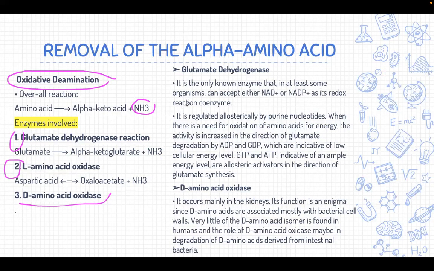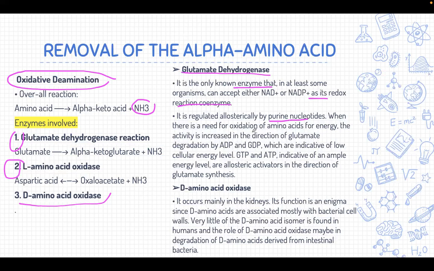Pero hanggang yung dalawa lang. So the glutamate dehydrogenase, it is the only known enzyme in at least some organisms. It can accept either NAD+ or NADP+ as its redox reaction coenzyme. It is regulated allosterically by nucleotides.